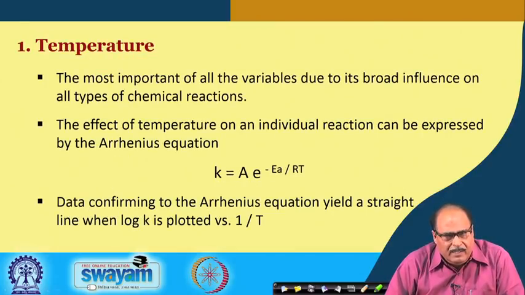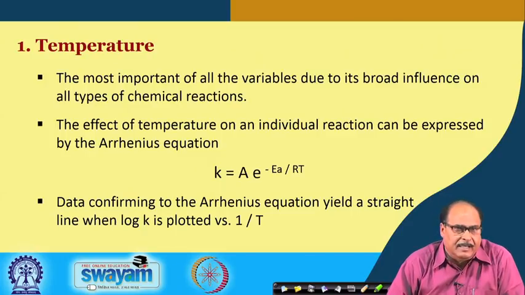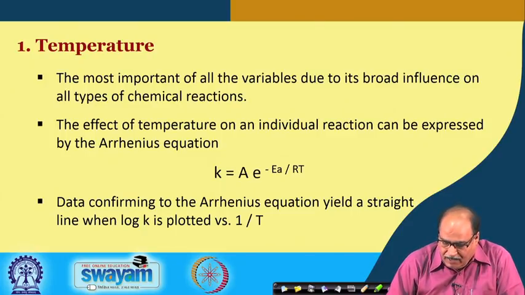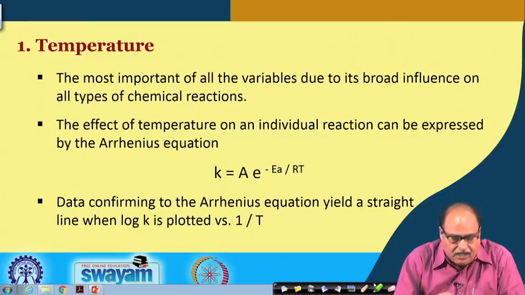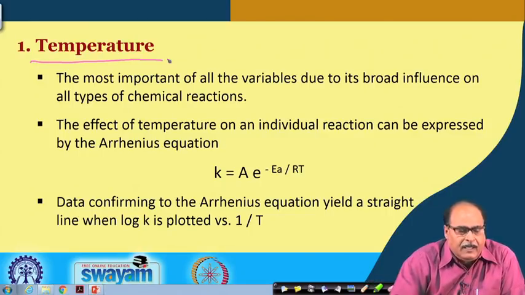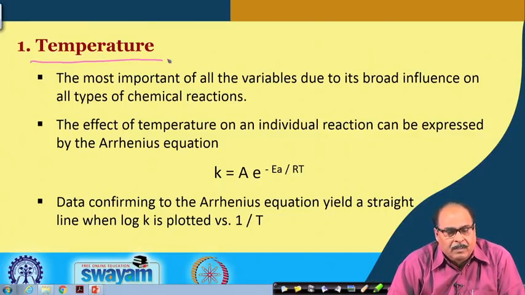We will now discuss one by one, in a little detail, all these factors, and to start with the first and important factor, temperature. As I told you, it is in fact the most important of all the variables, because of its broad influence on almost all types of chemical reactions.